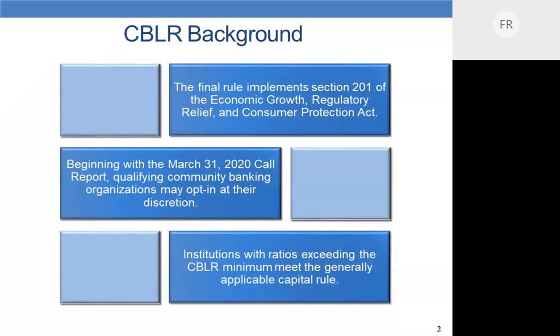The final rule was approved by all 3 federal banking agencies and published in the Federal Register on November 13, 2019. The Community Bank Leverage Ratio Framework, or the CBLR framework, is optional for institutions that qualify. The March 31st, 2020 call report is the initial opportunity to elect into the framework. Qualifying institutions can elect at any quarter end after that date as well.